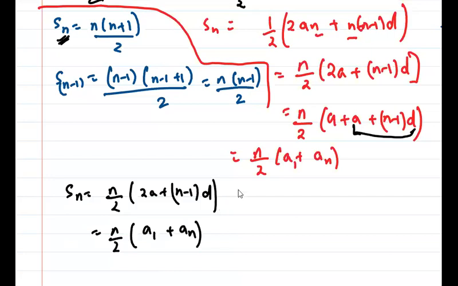Both are correct. For what? Sir, for any sequence? Yes, right? For any sequence, this formula? Tell me, raise your hand. Puneet, Prahlad, tell me, is this formula for any sequence?